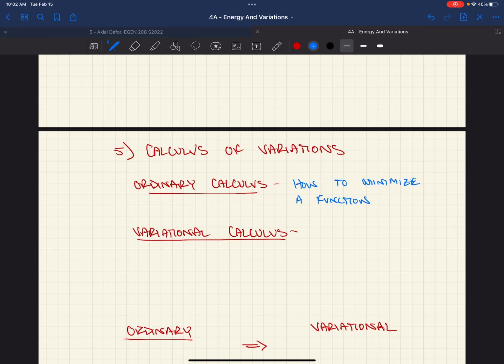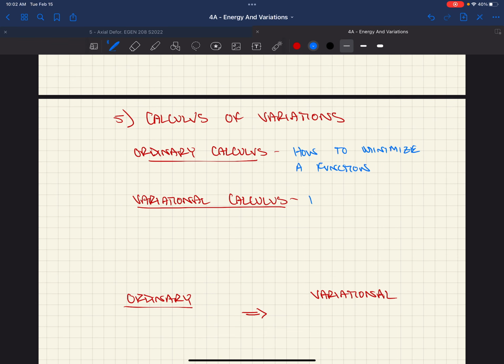Now variational calculus also shows us how to minimize an integral. And that is, it tells us how to minimize, say, paths or surfaces.